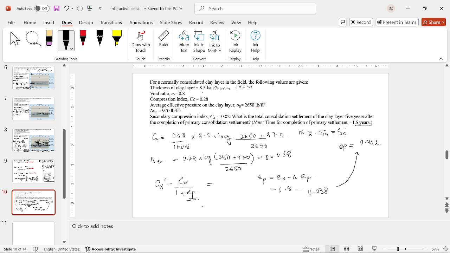Okay, and we will get the secondary consolidation as C alpha, which is 0.02 over 1 plus 0.762, which is 0.011.